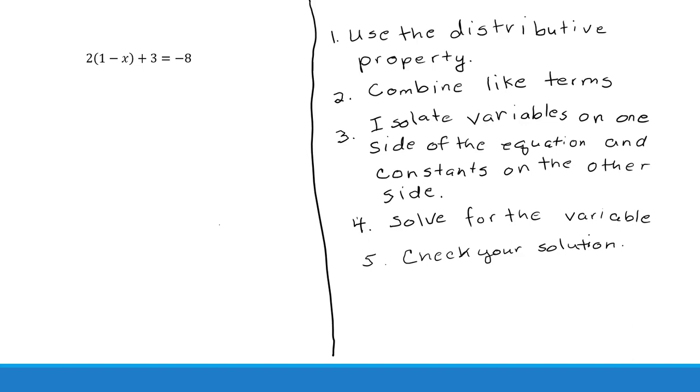So the first problem we're going to do is 2 times in parentheses 1 minus x, plus 3 equals negative 8. The first thing I'm going to do is use the property of distribution. 2 times 1 is 2, minus 2 times x is 2x, plus 3 equals negative 8.